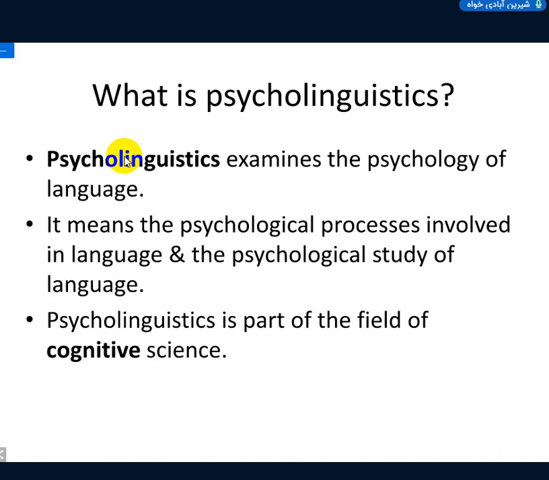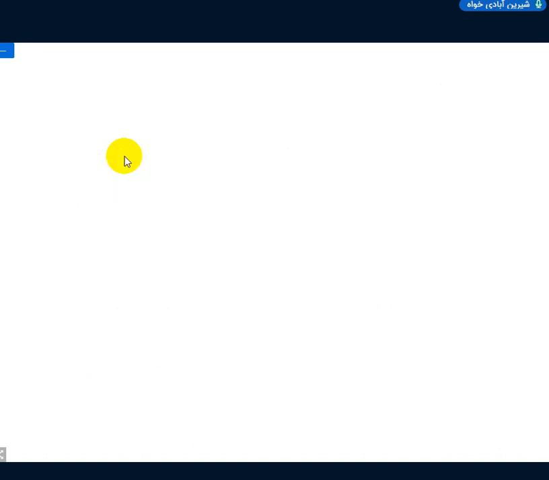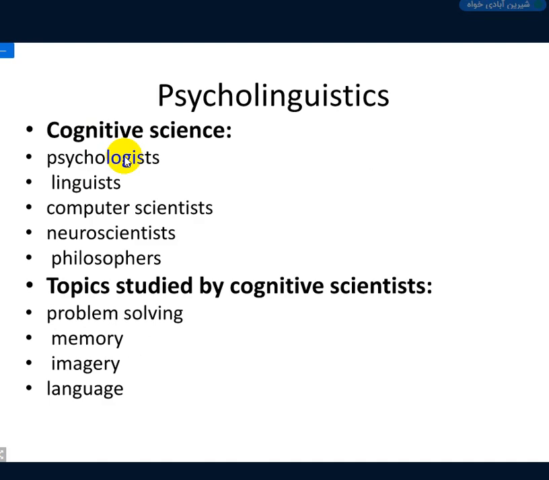In cognitive science, people are working from different backgrounds, including psychologists, linguists, computer scientists, neurolinguists, neuroscientists, and philosophers.